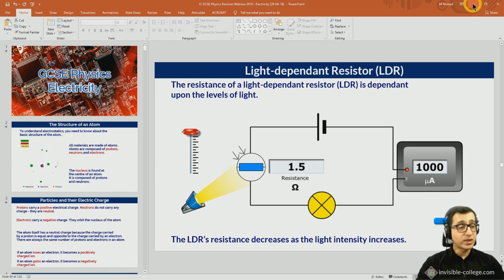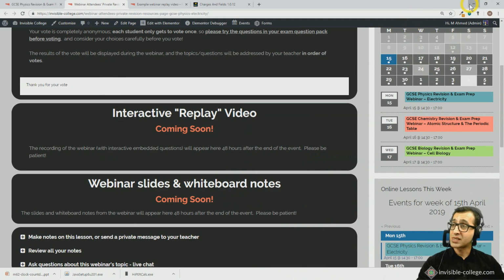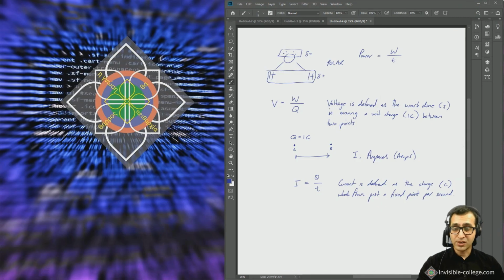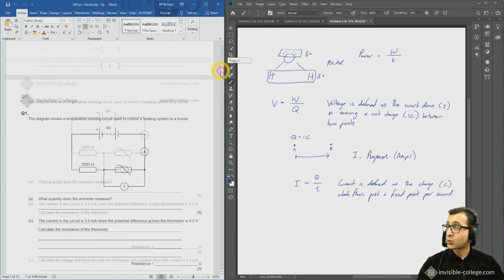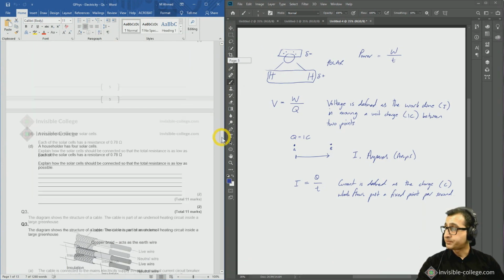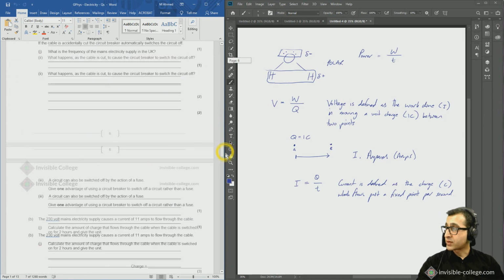Before we go into our next 5-minute break in about 8 minutes time here, I'm going to let you guys vote. Would you like me to continue for an extra half hour or so? Because obviously we need to get into some exam questions and go through the exam questions pack that you all received. Just to let you guys know, in terms of order of votes, most of you voted for me to go through question 3 first. So this is question 3.